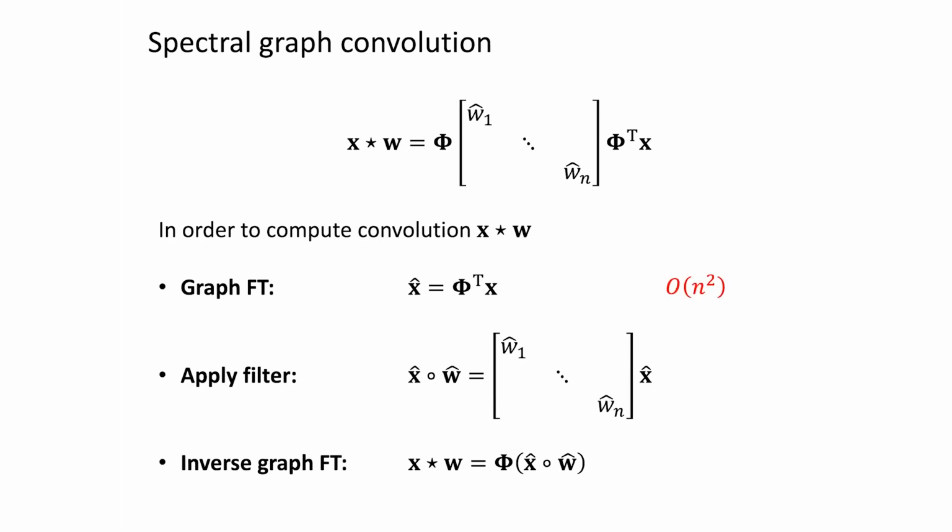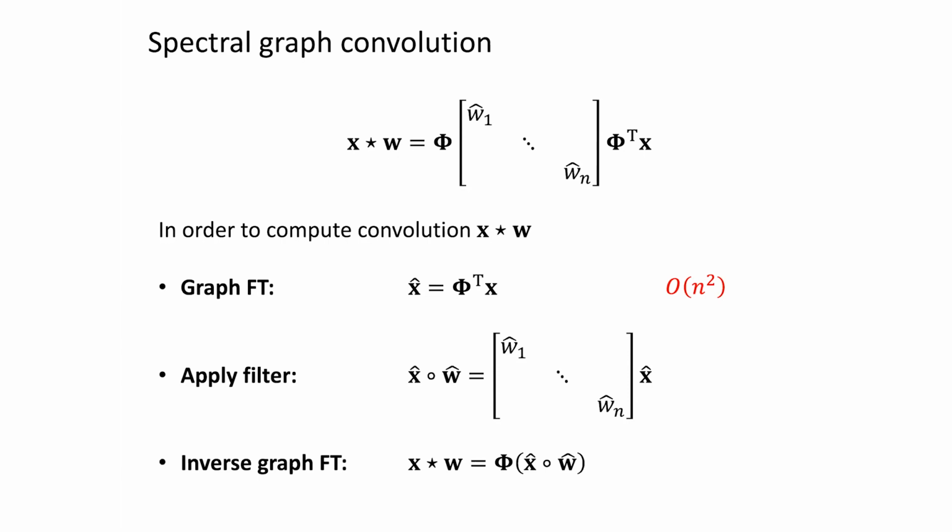Now, let's look at the complexity, and here comes the first piece of bad news. The complexity of computing the graph Fourier transform is order of n squared. We need to multiply a vector by a dense matrix. There is usually no fast Fourier transform algorithm for graphs.